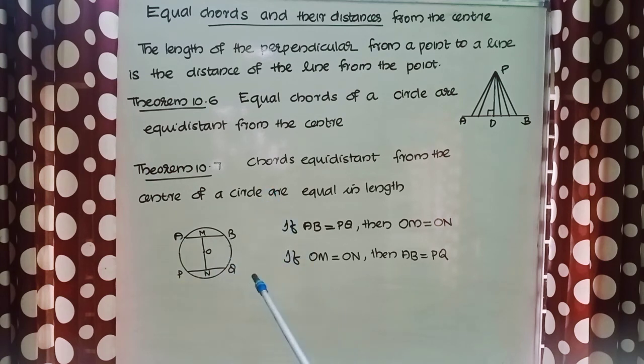Then first theorem states that if the chords are equal, then the distances are also equal. That is, if AB equal to PQ, then OM equal to ON. Second theorem states that if the distances are equal, then the chords are equal. That is, if OM equal to ON, then AB equal to PQ.